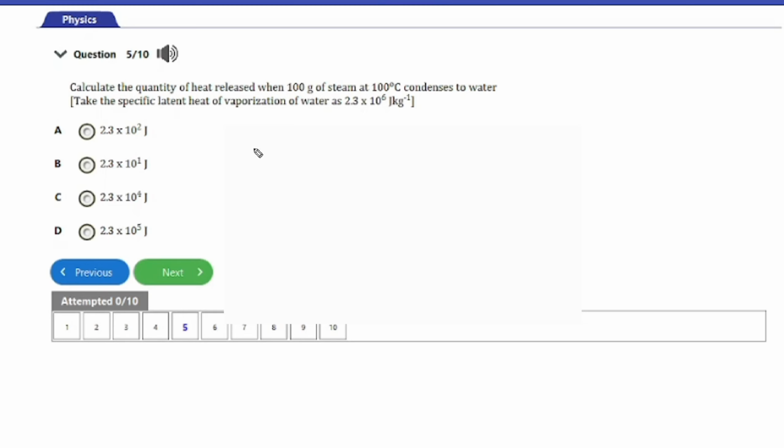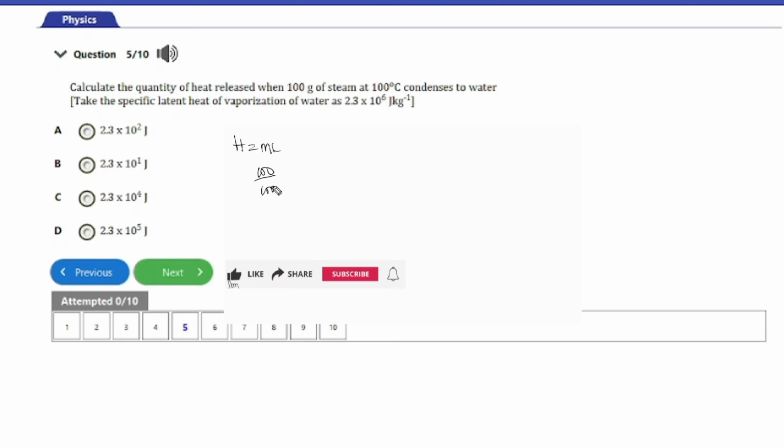So guys, here, in order to solve this, we're going to use H is equal to ml. So the mass here is 100 grams, and since our specific latent heat of vaporization here is in joule per kilogram, we're going to convert this 100 grams to kilograms.